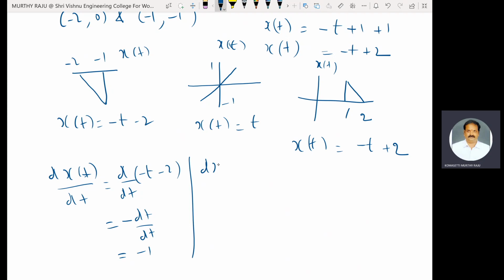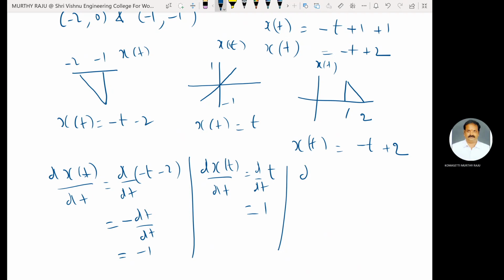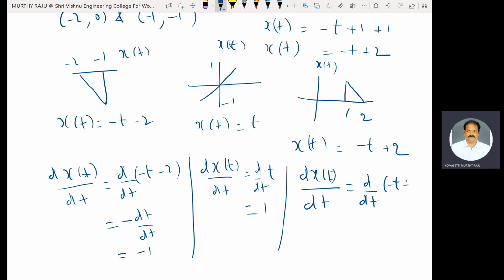Coming to the next one, d by dt of t is equal to 1. Here dx of t by dt is equal to d by dt of minus t plus 2, that is equal to minus 1.